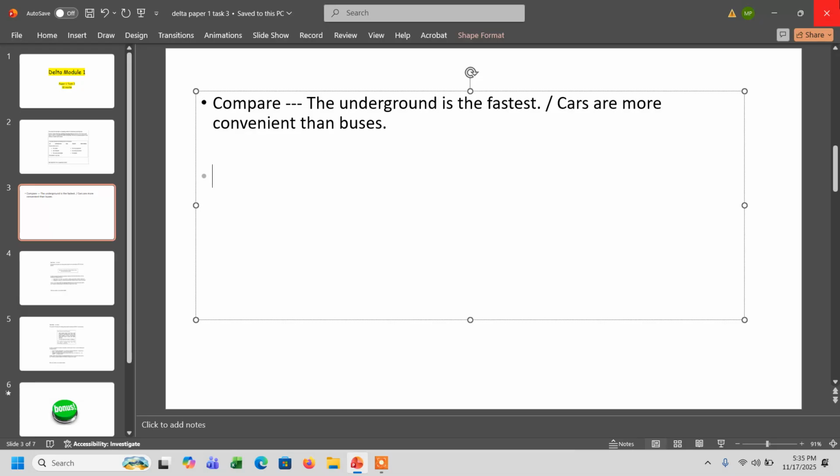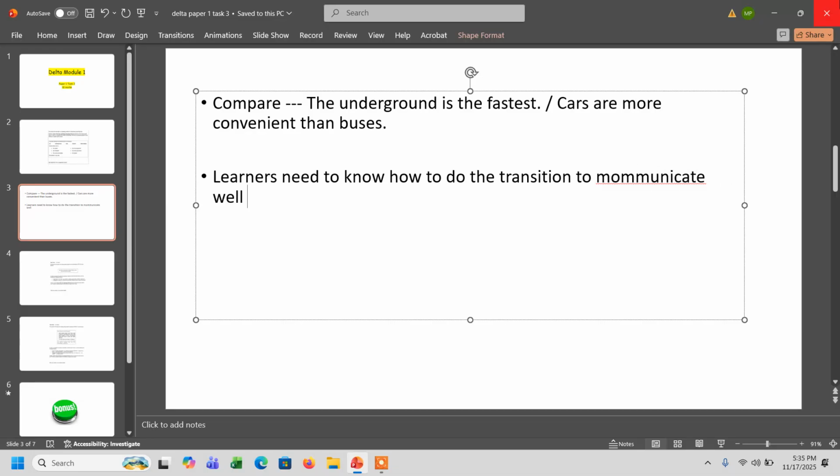This is the key: learners need to know how to do the transition to communicate well.